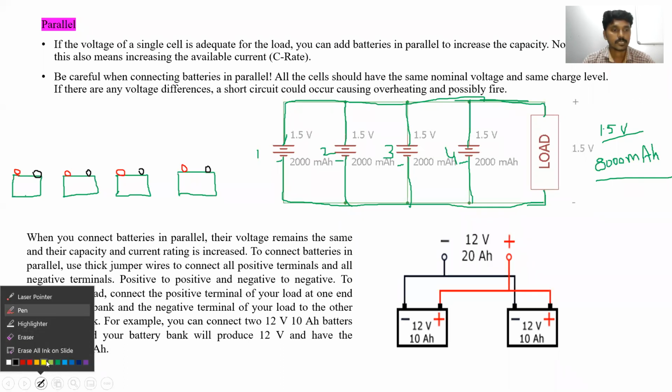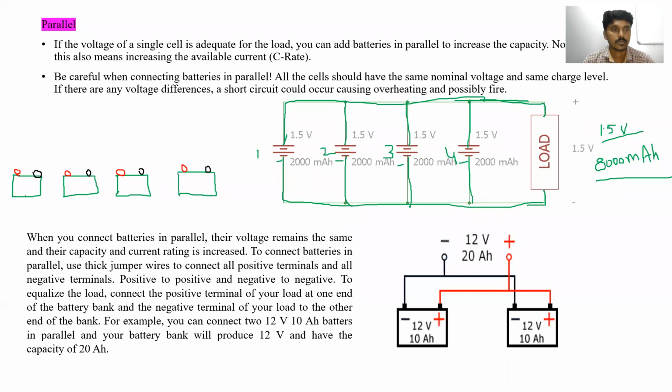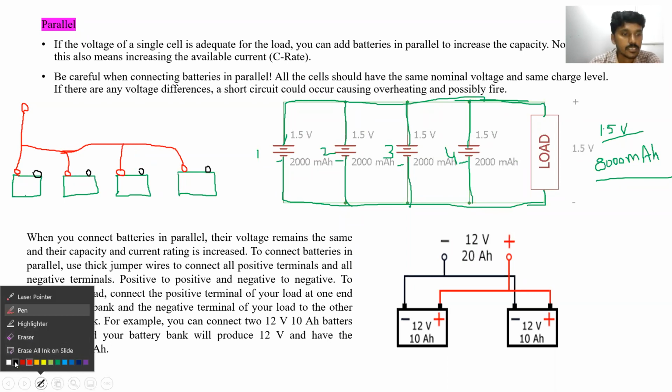How can we give a parallel connection? Positive, okay, like this. Positive of all the batteries are connected common, and negative of all the batteries are connected common.